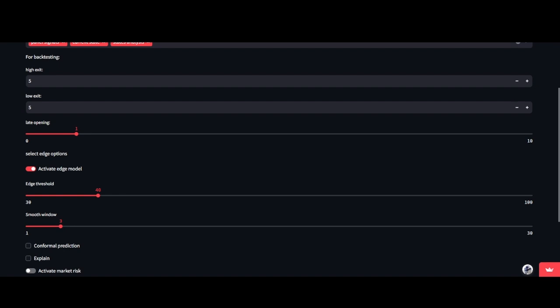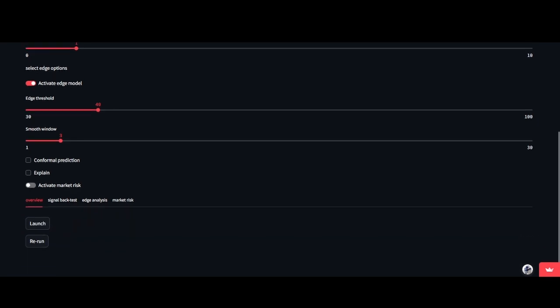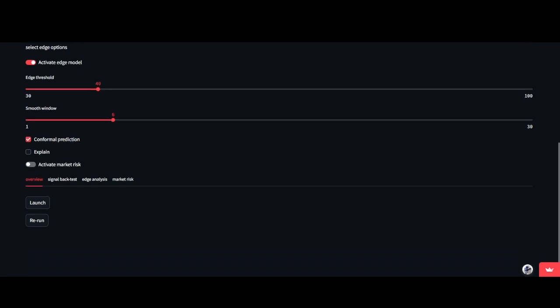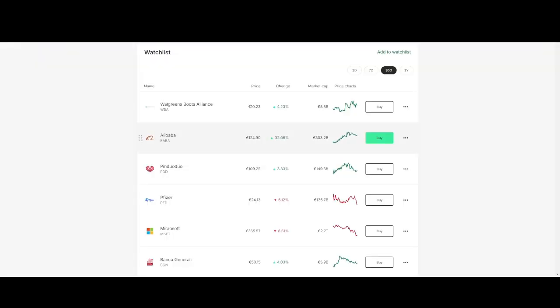But we know that the market already opens and is already working, so I give 1 day as a late operation. The minimum threshold I'm going to hold at 40, and the smooth window I'm going to put at almost 1 week. I select conformal prediction. For now I'm not going to explain the models, and I'm not going to activate market risk. It is still under construction.